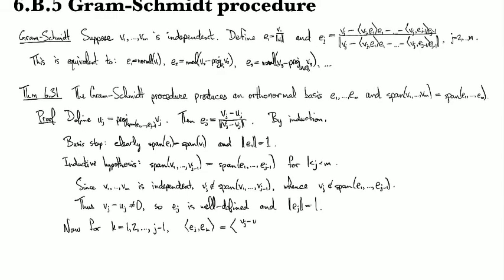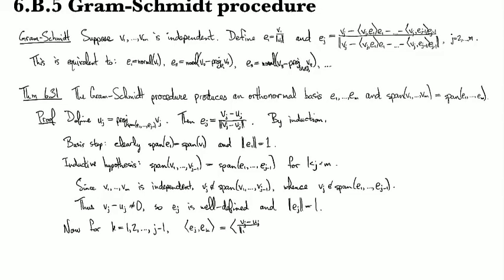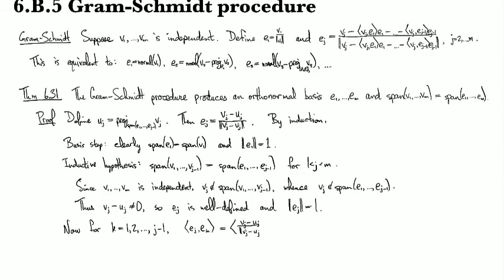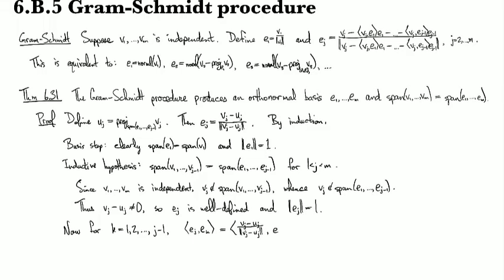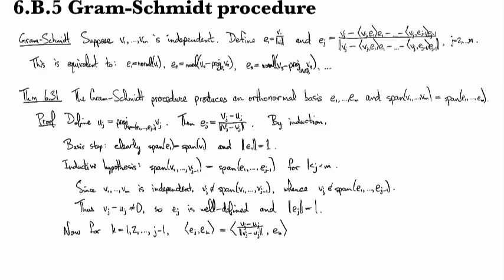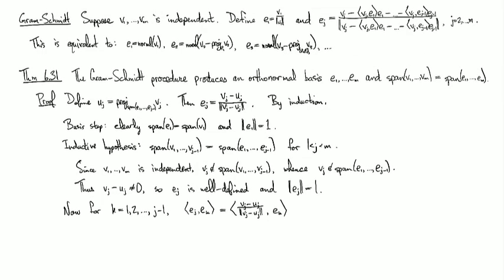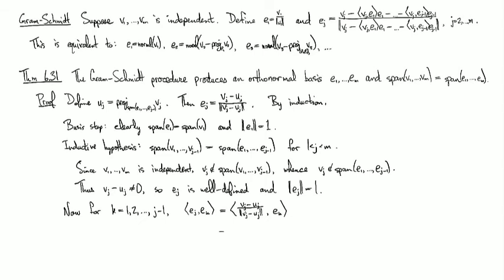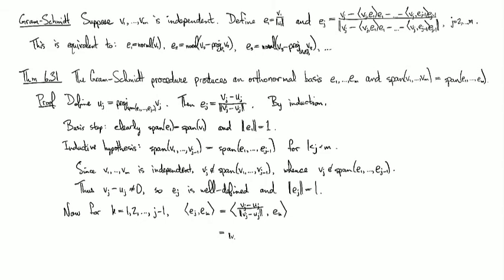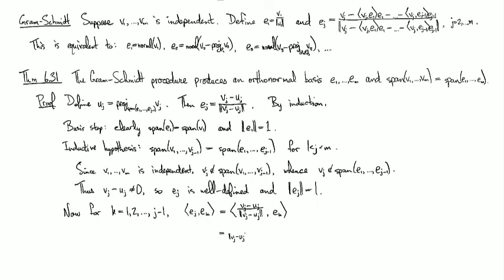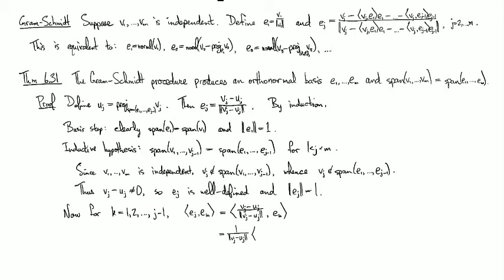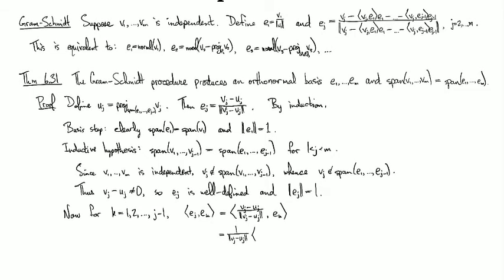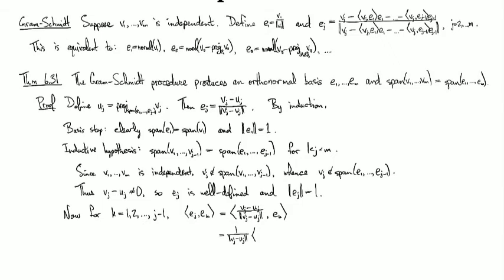It's Vj minus Uj over the norm of Vj minus Uj. And so now I can pull out that denominator in front using linearity because it's just a scalar. And then I can pull apart Uj into all the things that make it up.